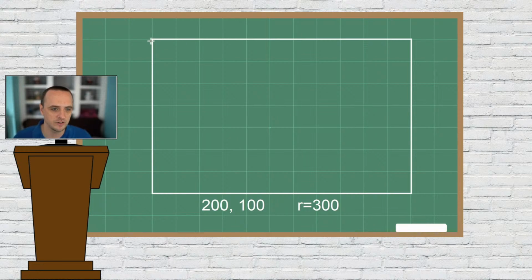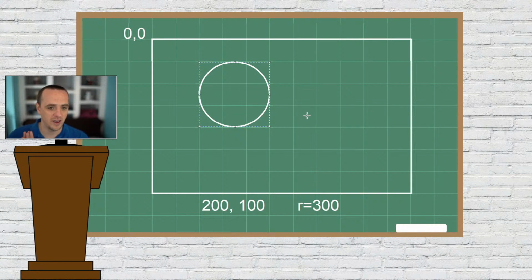Well, I'm going to start up at 0, 0, and I'm going to go 100, 200, and then I'm going to go down 100. And what I'm going to do is I'm going to start drawing a circle here, and it's going to have a radius of 300. Now, it just so happens that Microsoft Paint did this exactly how SFML will do it.